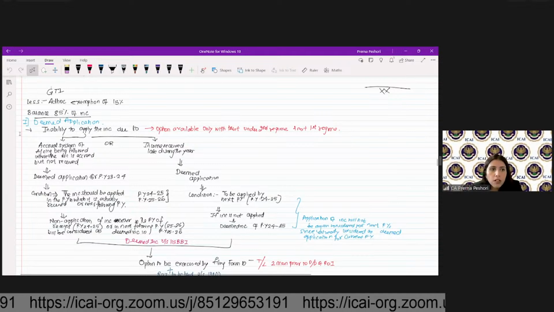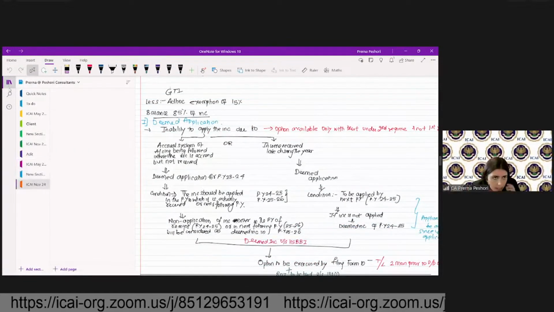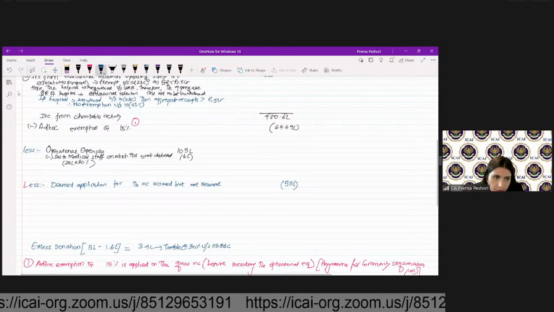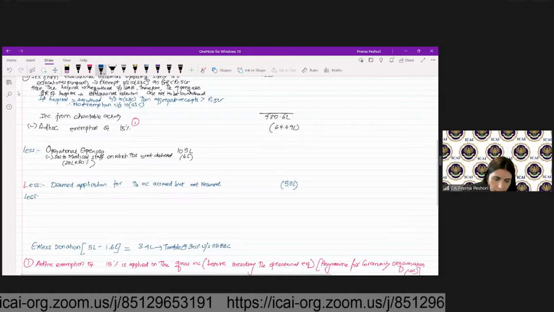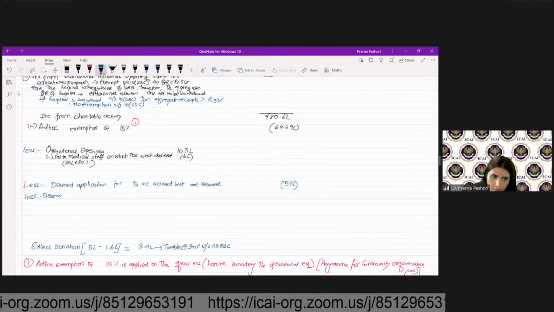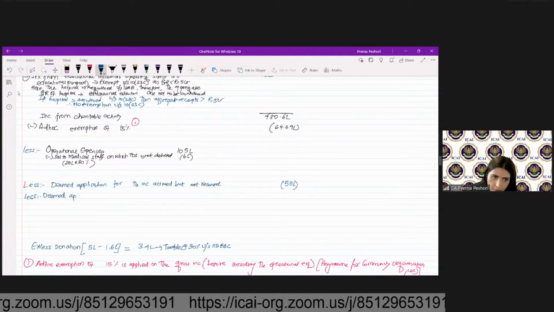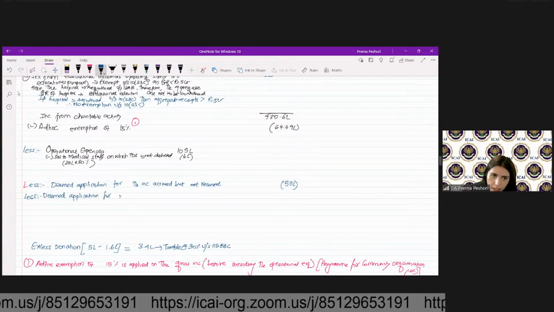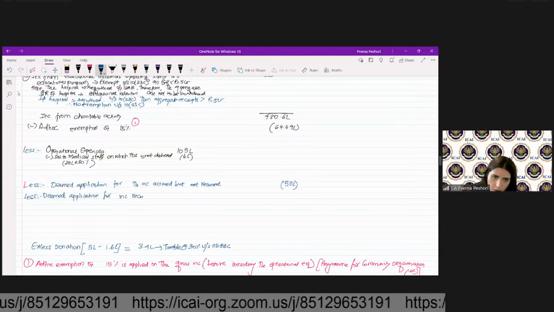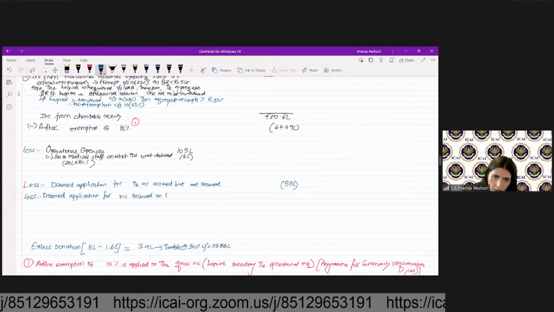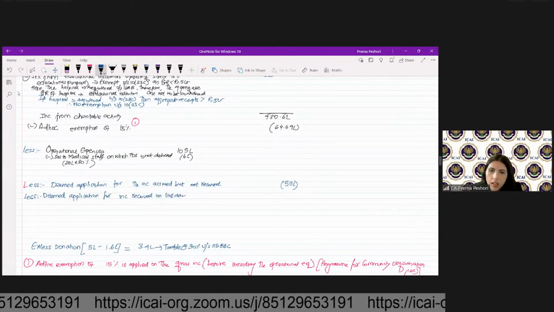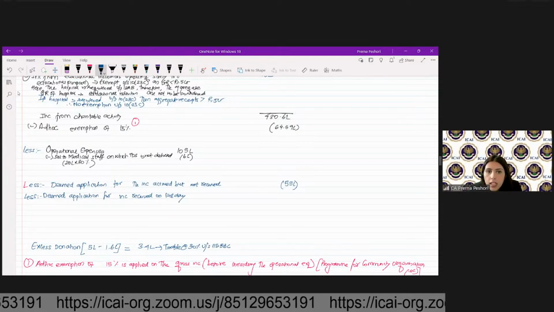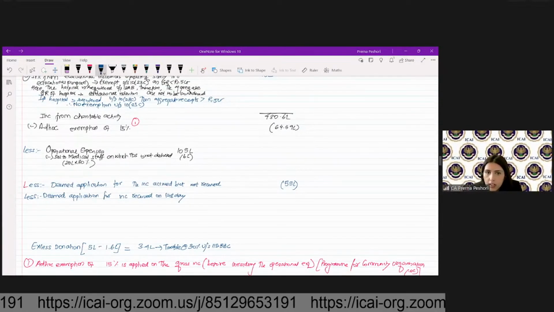So therefore, this will also be considered as deemed application. Income received last year. How much is the income? This is 18 lakh.